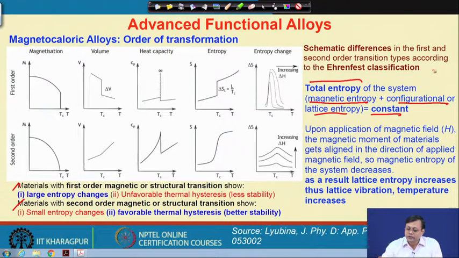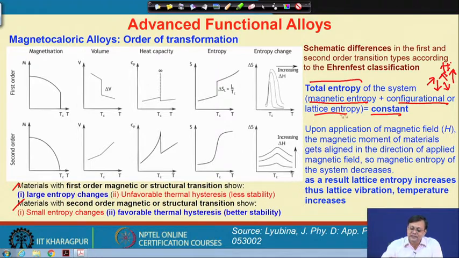Now, let us say I have magnetic domains which are randomly and differently oriented. If I apply a magnetic field H, they will be oriented along the direction of the applied field, right. So, magnetic entropy will decrease, and if the total entropy is constant, the configurational or lattice entropy will increase.